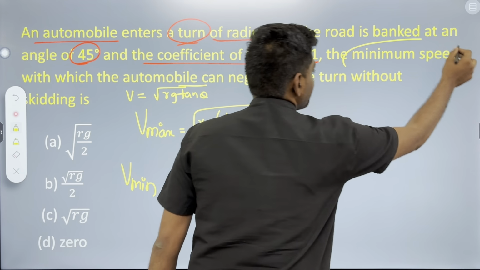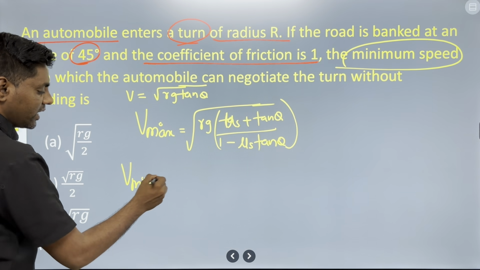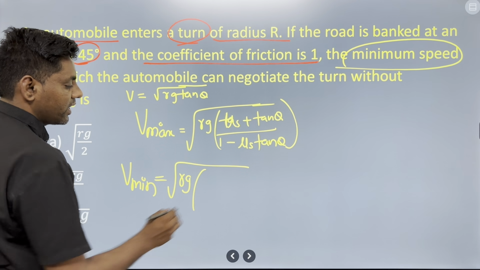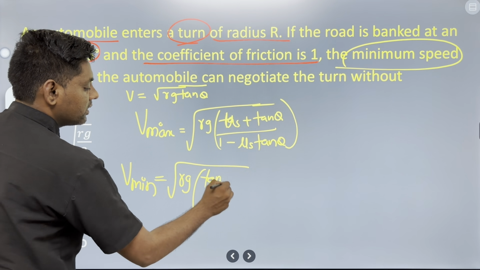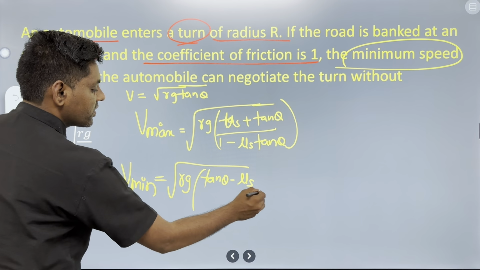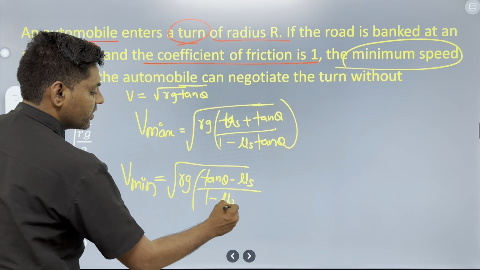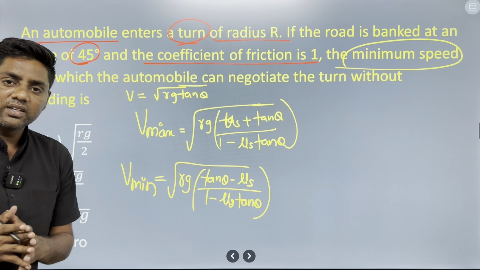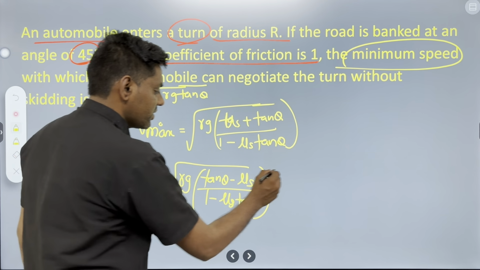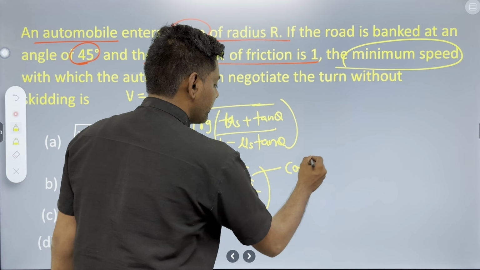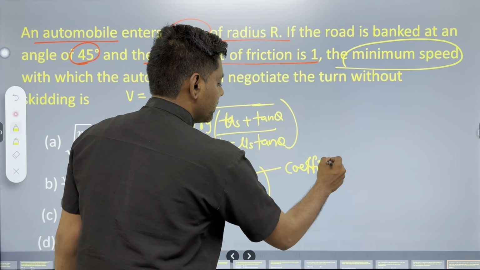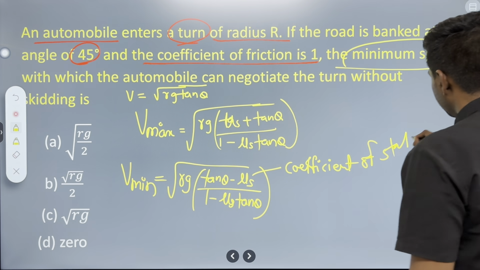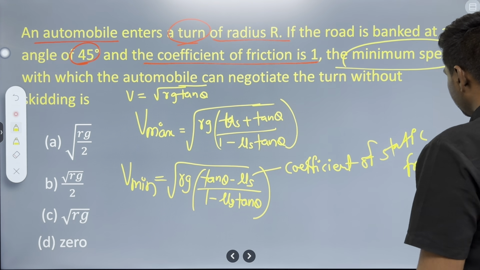Here we have to calculate the minimum speed, that is v minimum equals under root of r g into bracket tan theta minus mu s divided by 1 plus mu s into tan theta. Remember, theta is the angle of banking, and mu s is the coefficient of static friction.